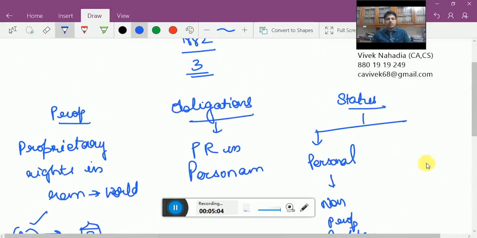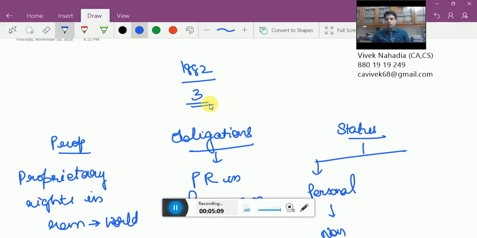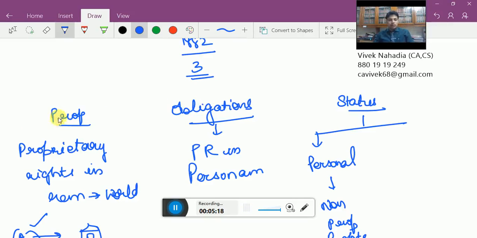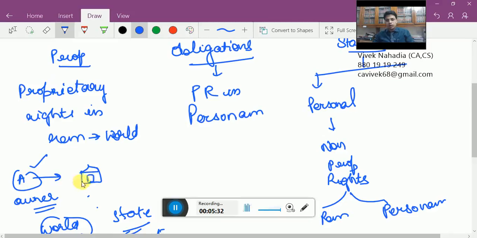So to summarize, we are talking about the Transfer of Property Act 1882. The law is divided into three kinds: the law of property, the law of obligations, and the law of status. Law of property deals with proprietary rights in rem. Rem means world. Suppose A is the legal owner of a house, then his right is against the entire world, and the entire world should accept it.